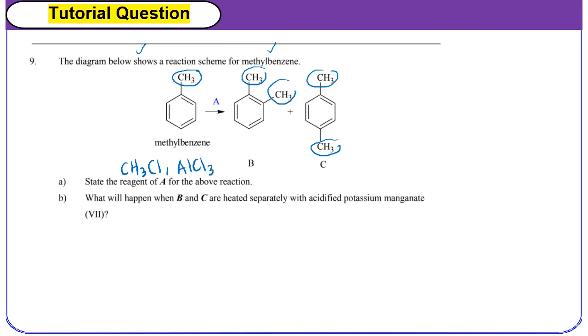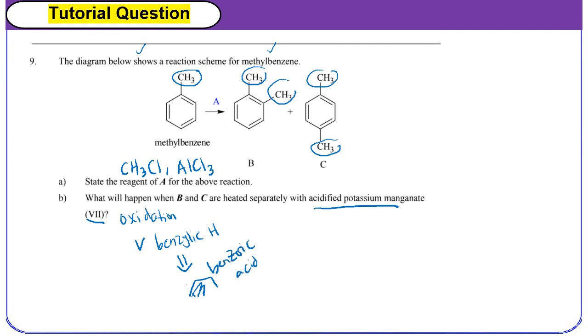What will happen when B and C heated separately with acidified potassium manganate 7? So as we discussed before, if we see acidified potassium manganate 7, means that the process is oxidation. So if oxidation consists of benzylic hydrogen, means that the product will become benzoic acid.